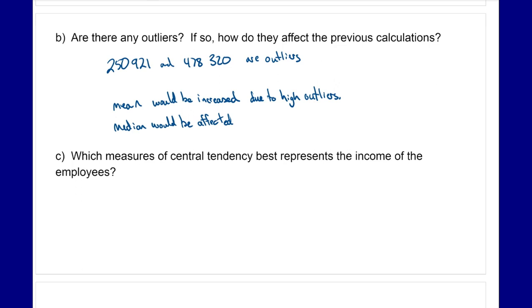Think of it as if I'm looking at class average or class median or class mode, I can't remove two students' marks just because they're really high or really low. I still need to include them. But I can choose which measure I think is best going to represent the data. So in this case, I would say the median best represents the data or the incomes.